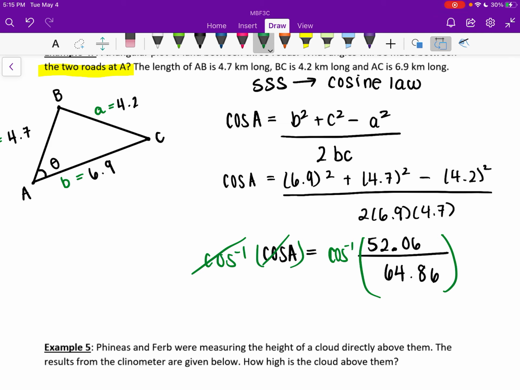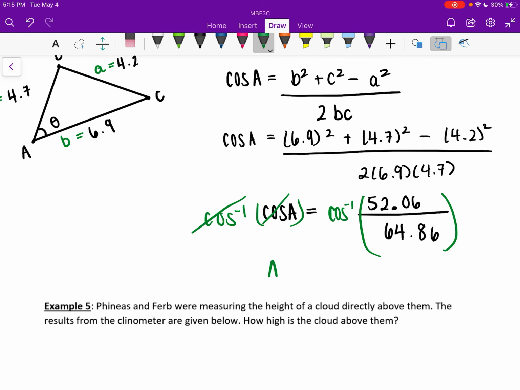So I like to do inverse cos, and then I actually put in the fraction. So I say 42.06 over 64.86. And I know that my answer is going to be A is equal to 36.6, so it's going to be around 37. So angle A is about 37 degrees, so I'm going to put that in.